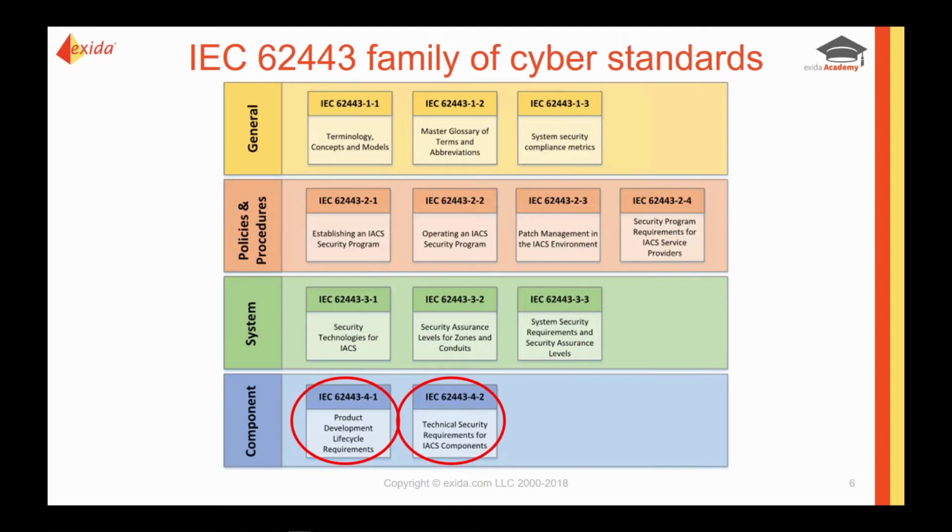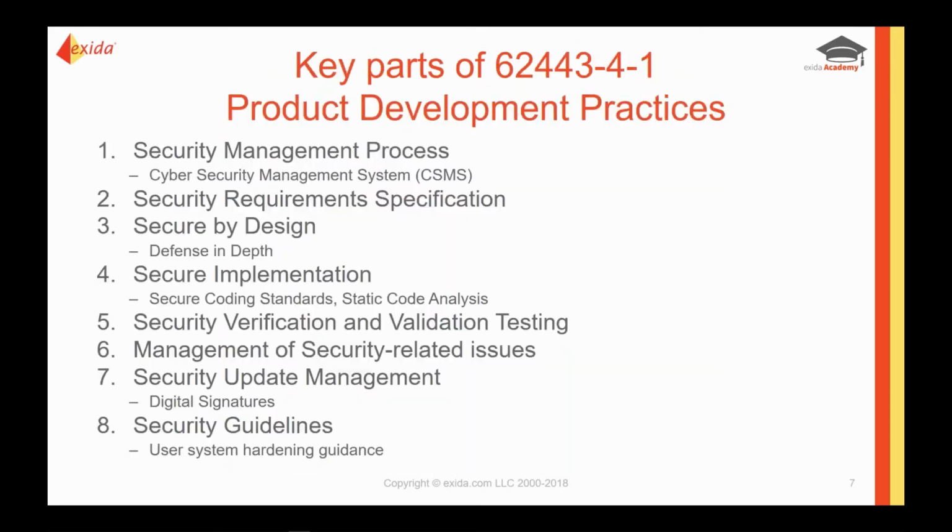And if you go up one level and over, 3-3 discusses the same foundational requirements only as applied to entire systems. So there's a slight difference between the two of them, but essentially the foundational requirements are the same for both components of the standard itself.